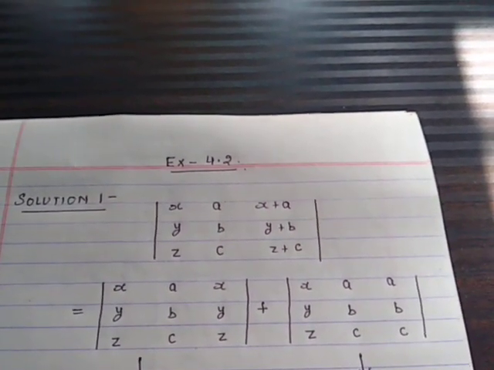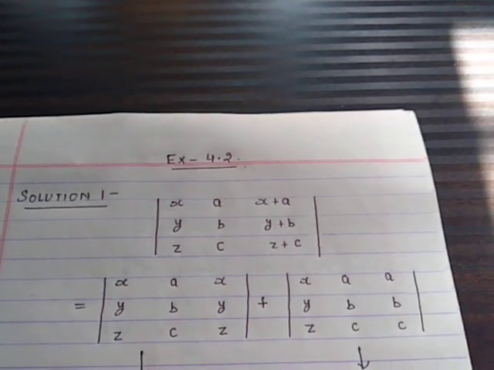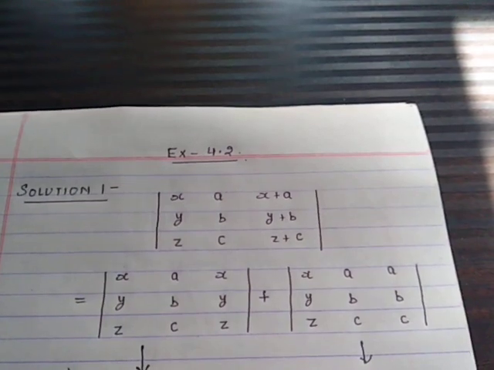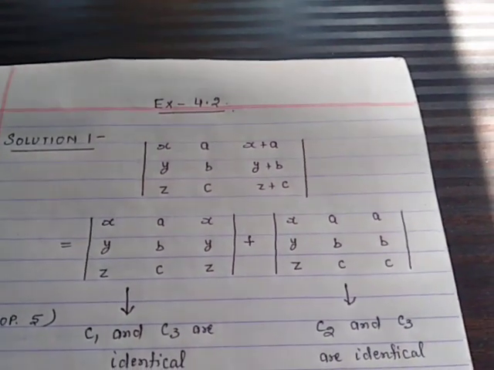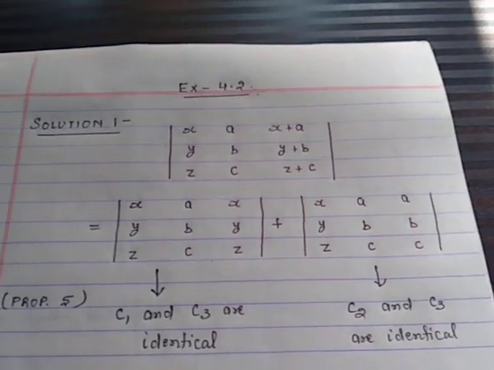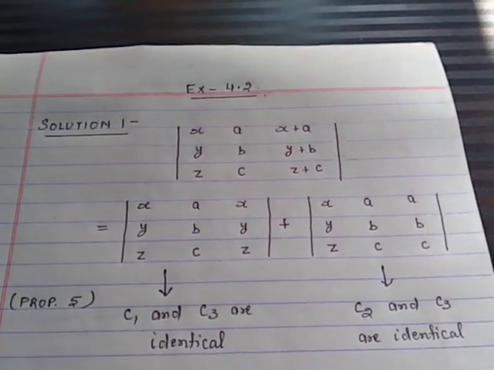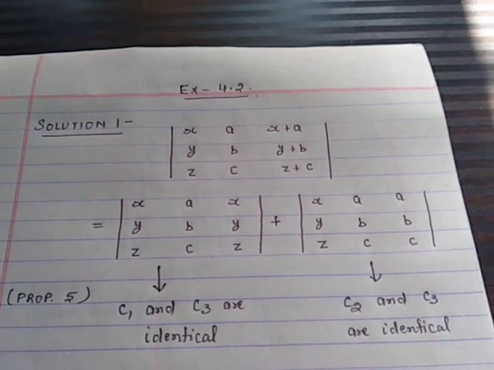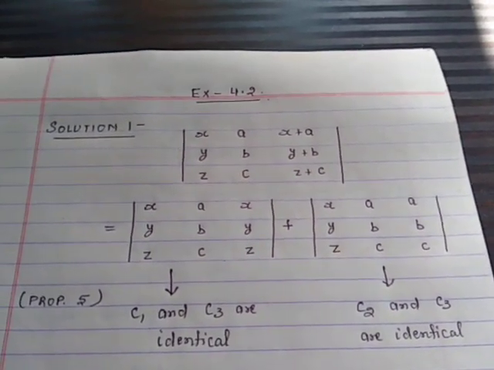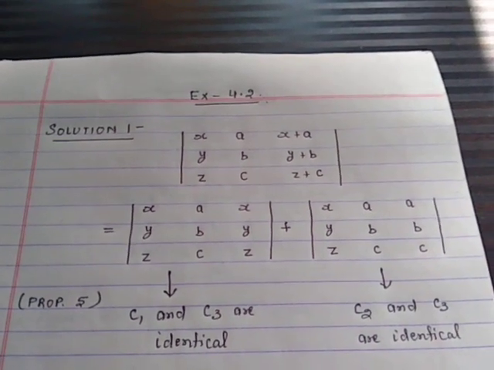In the first determinant, C1 and C3 are identical. Column 1 is x, y, z, column 3 is x, y, z. Both are identical, so its value is 0.